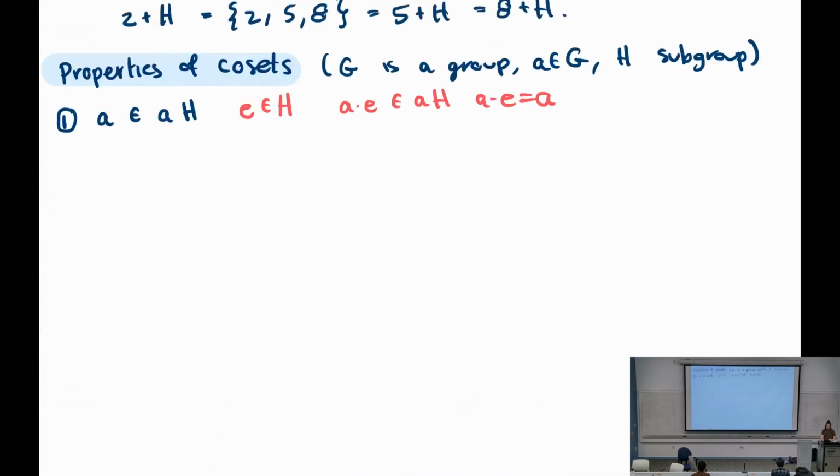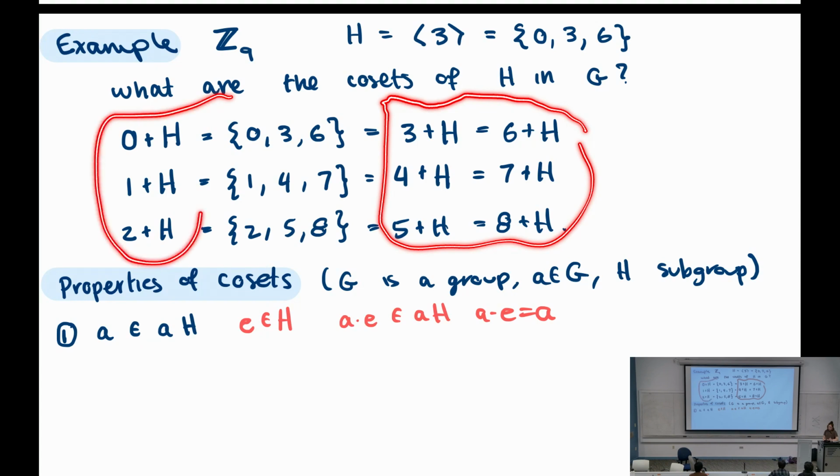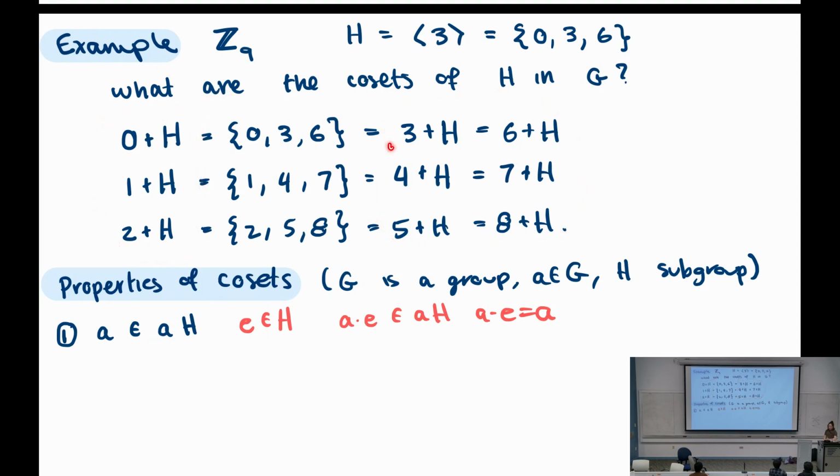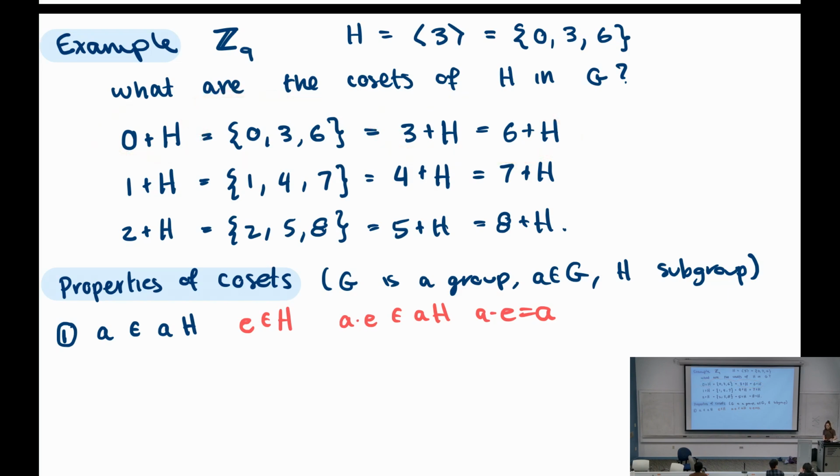So we had this example in Z mod 9. So we saw, a priori, there's 9 elements of this group. So we have 9 cosets, but they did end up producing duplicates. So in our setup, what we want is just the distinct cosets. So that would correspond to these 3 sets.